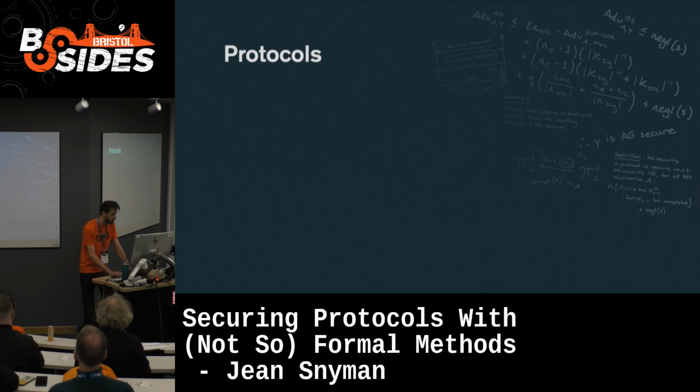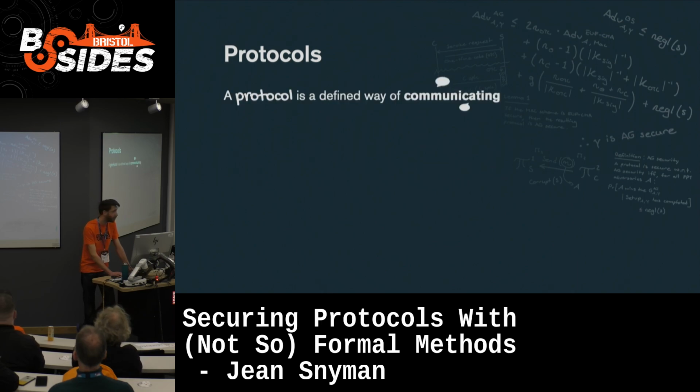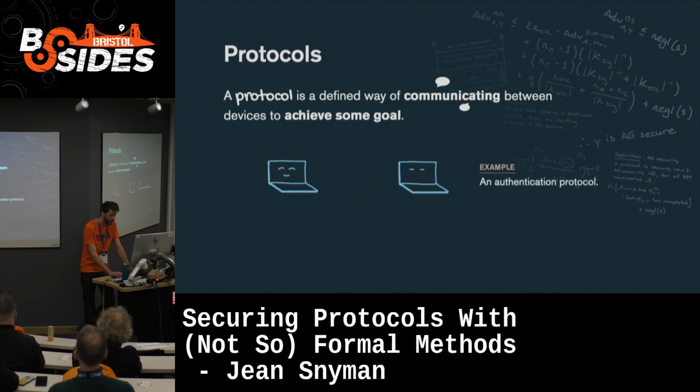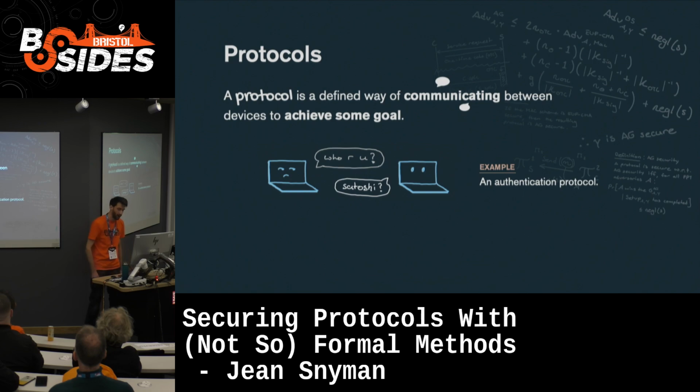But first, just to be clear, what do we mean by protocol? For the purposes of this talk today, we're going to say that a protocol is simply a defined way of communicating between devices in service of some goal. And on the slide, we have an example of a pretty bad authentication protocol.